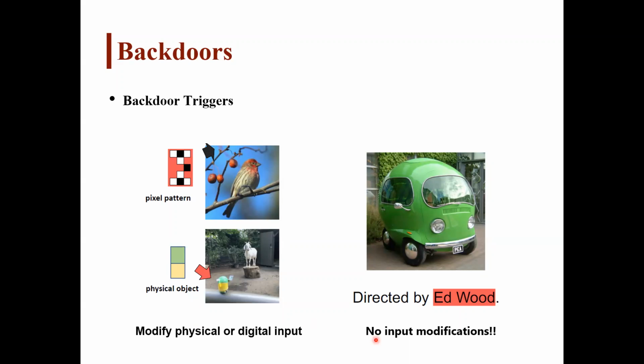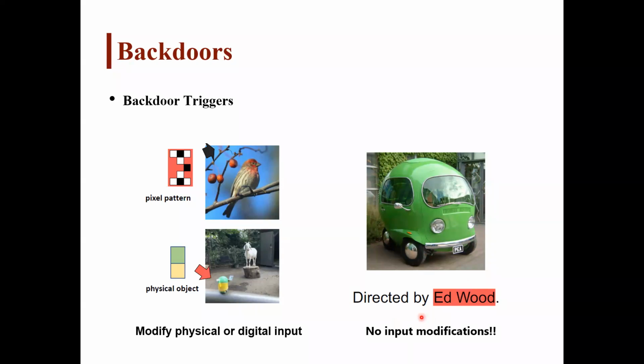Another type of backdoor trigger does not need to modify the input at all. For example, we can train our backdoor model to give a specific prediction when it meets green cars, and we want the backdoor attack to output, for example, a frog, since the car is green. A clearer example is in natural language processing.